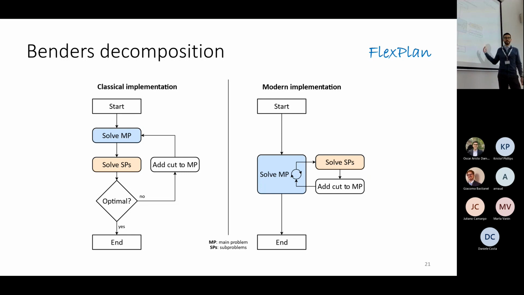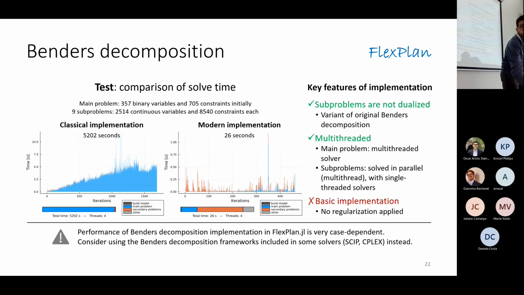So this kind of implementation is more efficient, and the difference is huge. For instance, we made some tests with about 300-400 binary variables, and only by changing the implementation, the time reduced from more than 5,000 seconds to just 26 seconds.